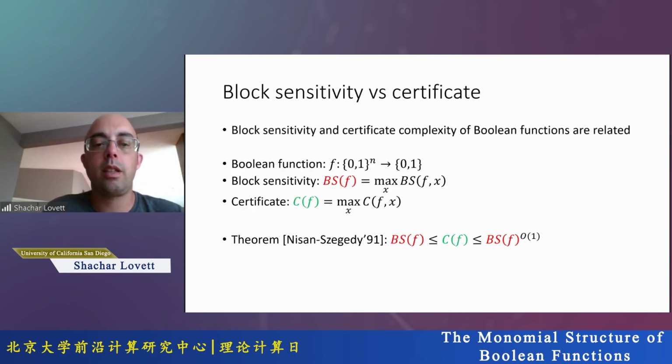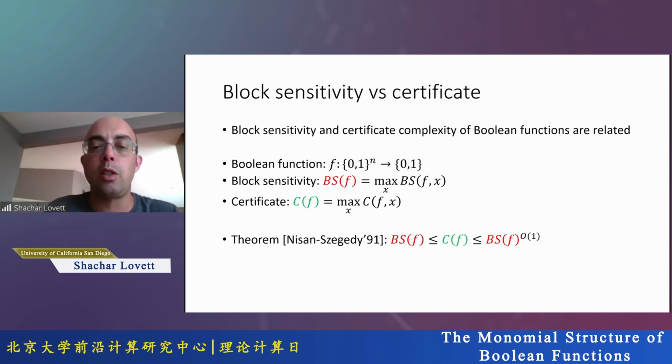There is a general connection known in Boolean function analysis that says that if I define the block sensitivity of a function to be the maximum over all inputs of the block sensitivity, and the certificate complexity to be the maximum over all inputs of the certificate, then these two are connected up to polynomial factors.